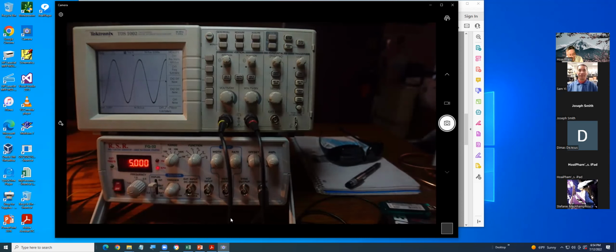Then the scope will do it for you. Press the math function, then select channel 1 minus channel 2, and it will give you the answer.